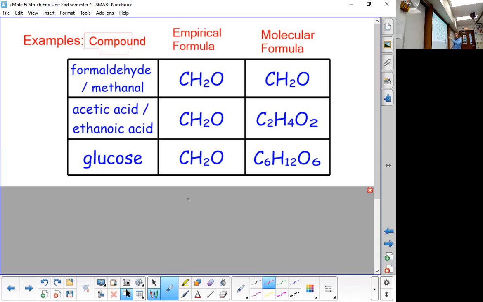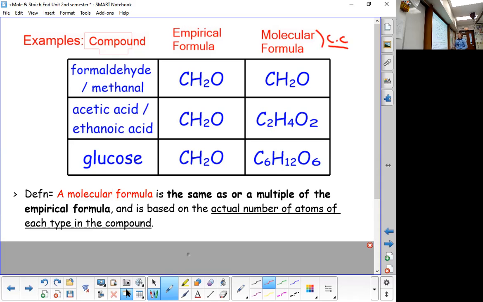So a molecular formula for covalent compounds is based on the actual number of atoms in the compound, and it can be the same as you see for formaldehyde. For all ionic compounds, the empirical and molecular formula would be the same.